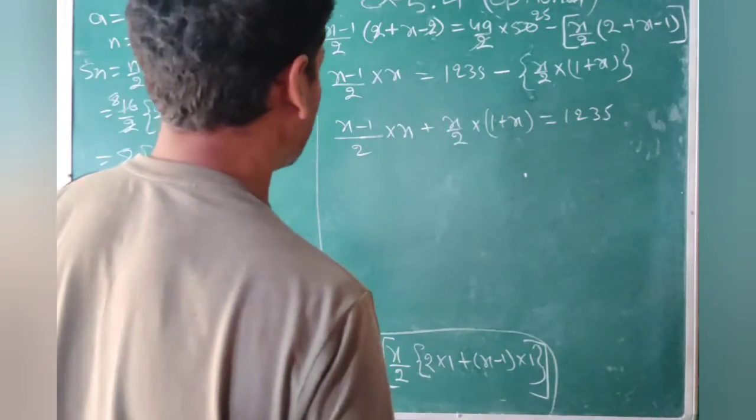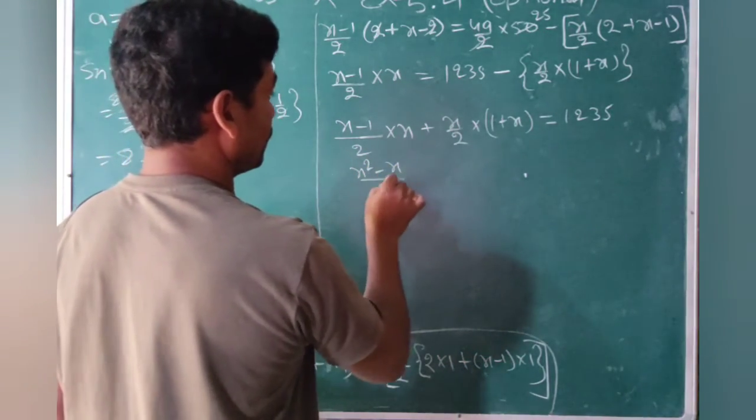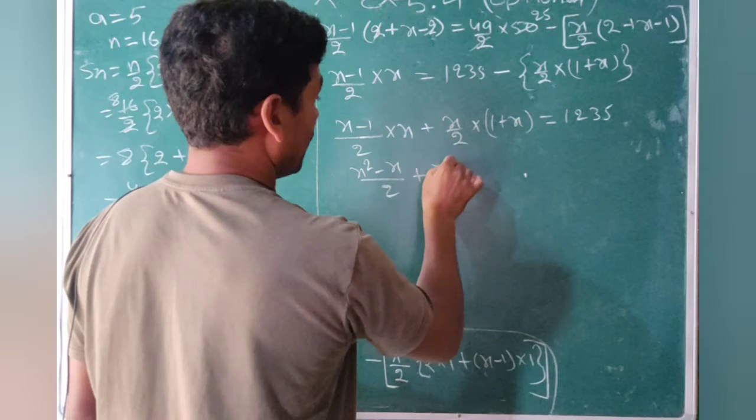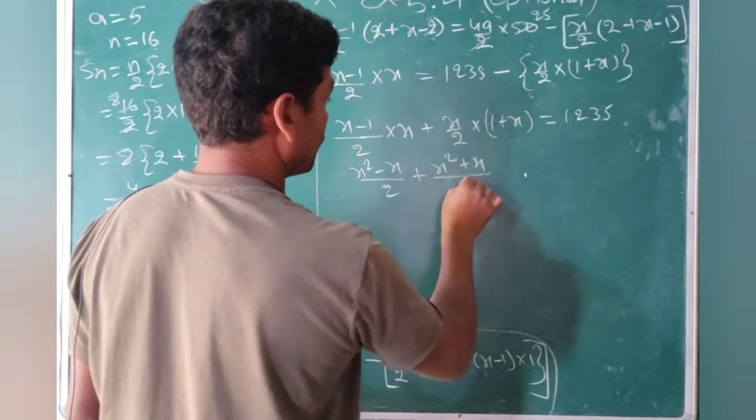By the multiply of that one, that will be (x square minus x) upon 2, or this will be (x square plus x) upon 2.